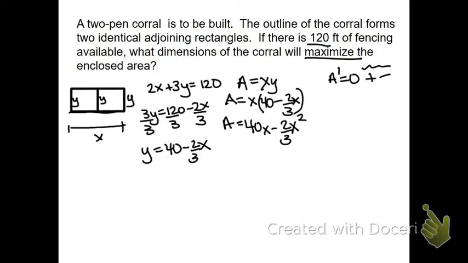Find the derivative. 40 minus 4/3 x. Set it equal to 0. Multiply by 3 and divide by 4. And x equals 120 over 4 or 30.